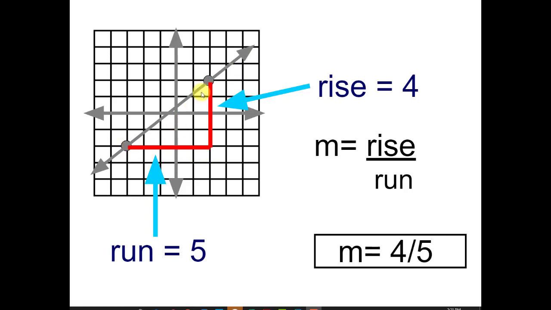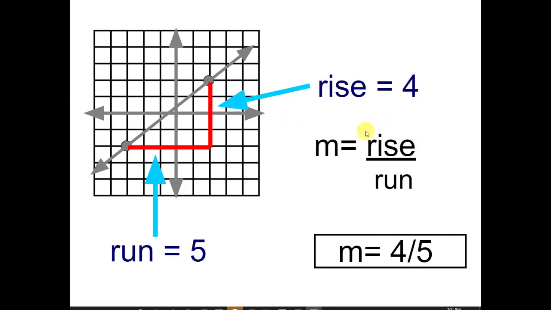We know that there are 2 points that are available for us to evaluate to find the slope. So the slope can be considered to be the change in the y-axis, or the rise, over the change of the x-axis, which is called the run. So when we look at this point and this point, we can see that the y-axis would have changed by 1, 2, 3, 4 units.